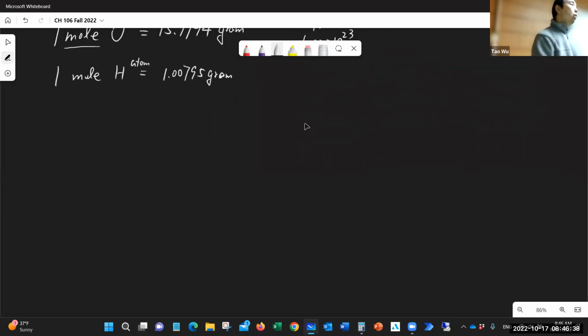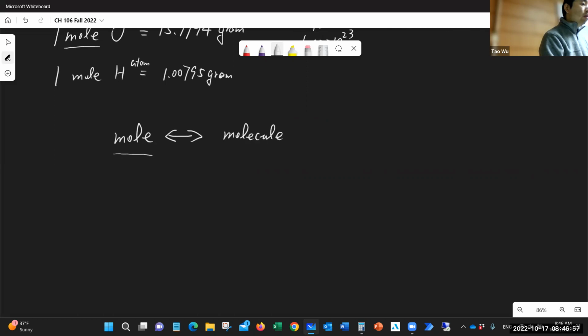Now you see we're using mole over here, but the mole actually connects two things. First of all, mole connects with molecule numbers. So 1 mole is equal to 6.02 times 10 to the 23rd.